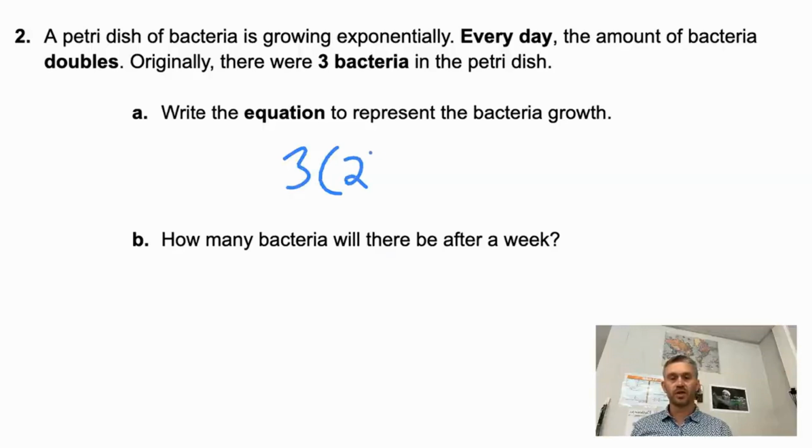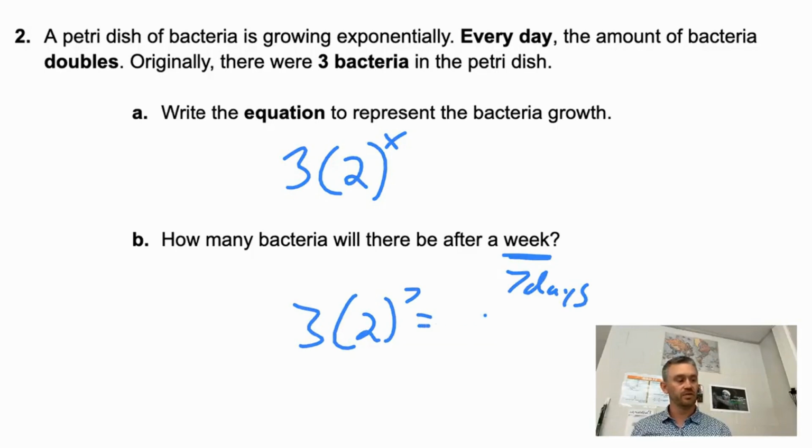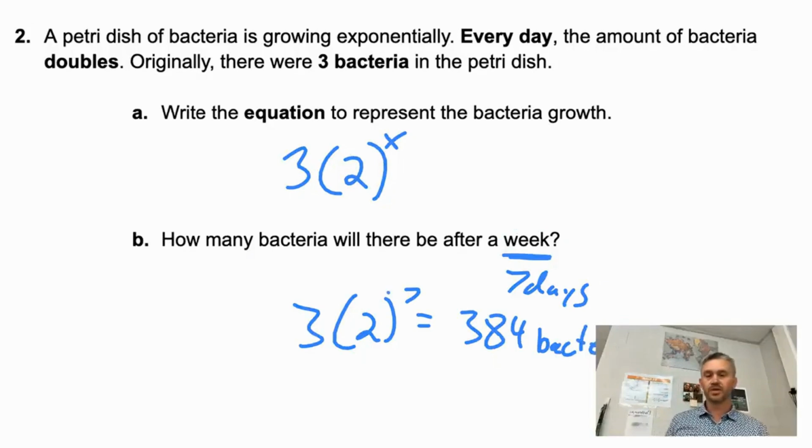All right, so basically, there's 3 bacteria, and it's growing exponentially, which is every day. That's where they get the 3 and the 2 inside of the parentheses. Then after that, you're gonna write the 3 parentheses with the 7 days, because it's a week.